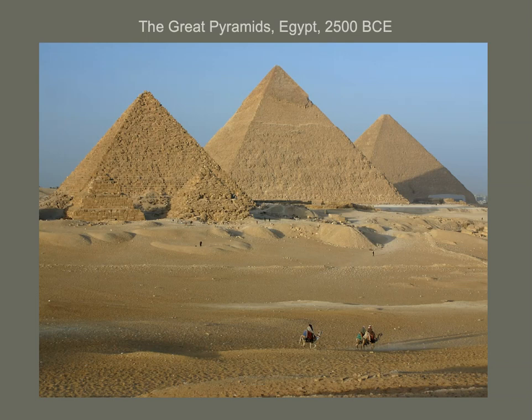So they really had unlimited power over the country, which was seen as belonging to him. And when the pharaoh died, it was thought that they became fully divine, a full god. And in order to prepare for that life as a god, preparations for that journey had to begin during life.